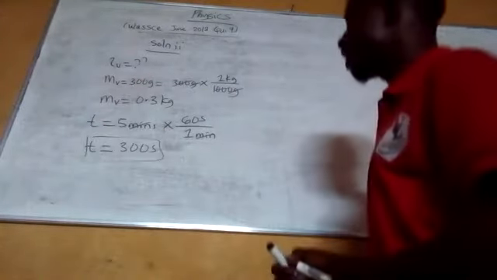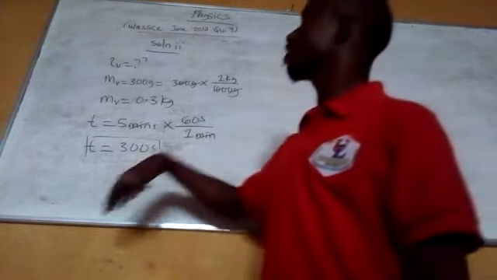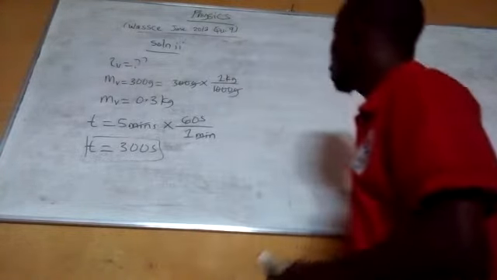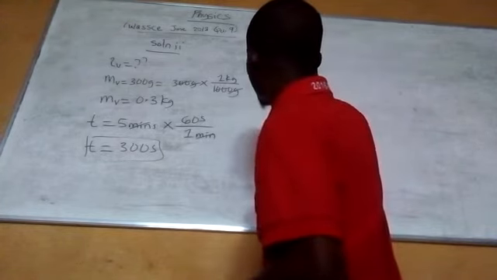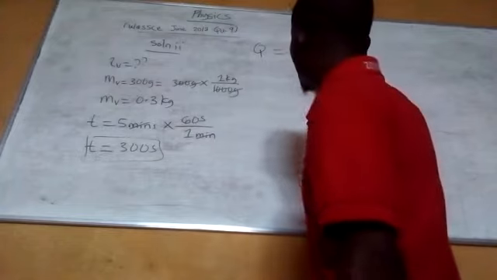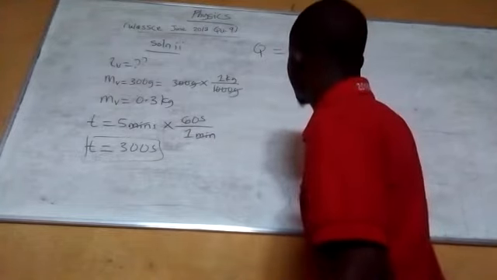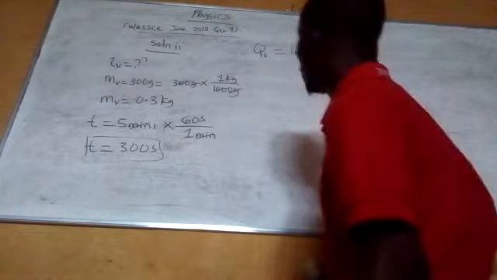So to calculate the specific latent heat of vaporization of water, we use our formula. The heat evaporated is equal to the electrical heat. So QV equal to QE, electrical heat.